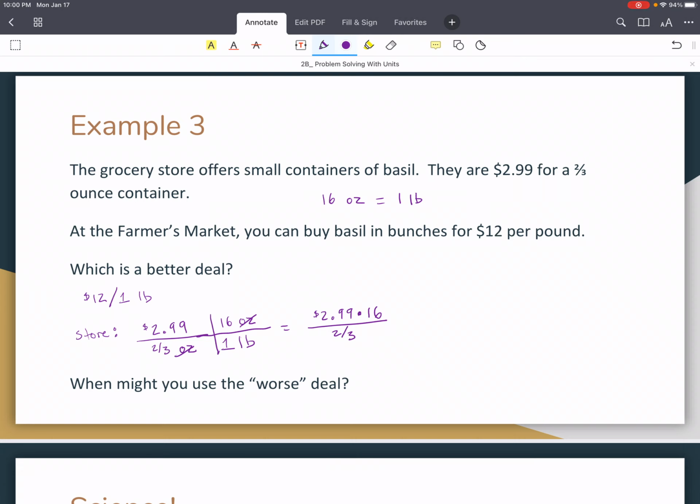Let's see, pulling up my calculator, 2.99 times 16 divided by, I'm going to turn it sideways and do the parentheses so I could do the 2/3. $71.76 per pound. Well, that seems a bit excessive. So as far as what's the better deal, it's the farmer's market.